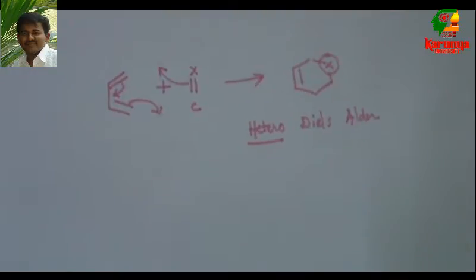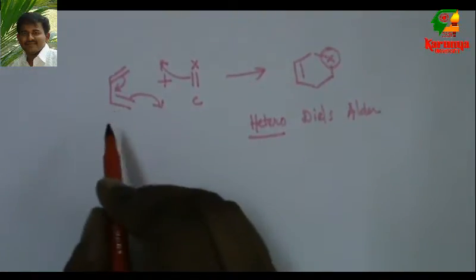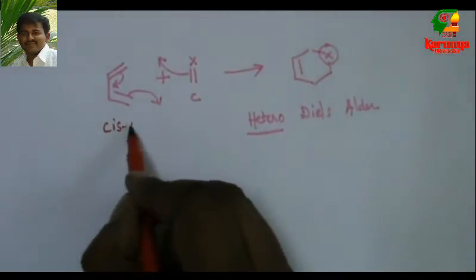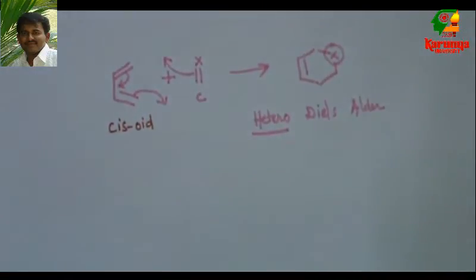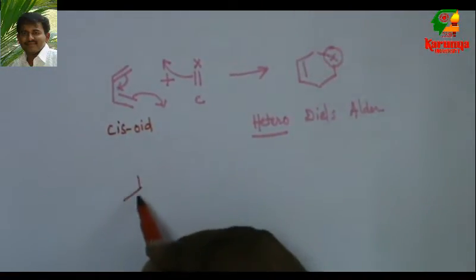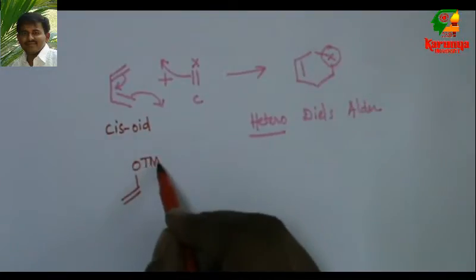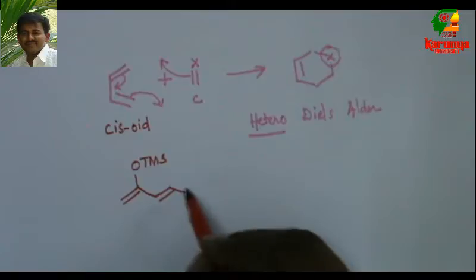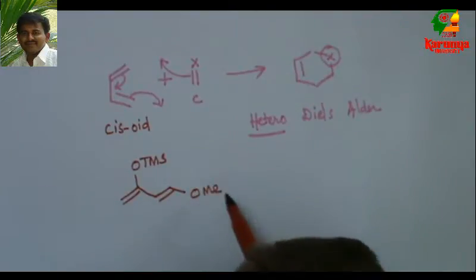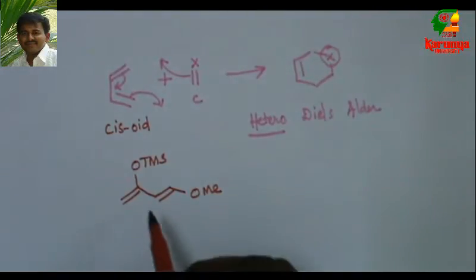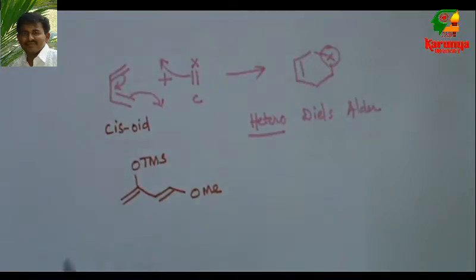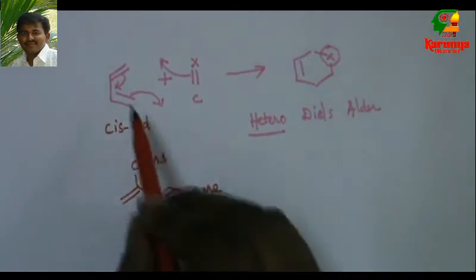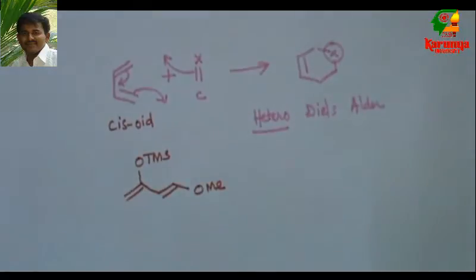In our case, the diene is not cisoid. The given compound is a silyl enol ether. So this is not cisoid. Cisoid is the conformation in which both the alkenes are facing the same direction.